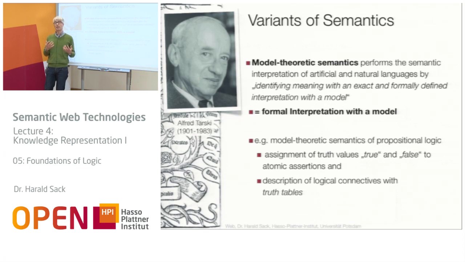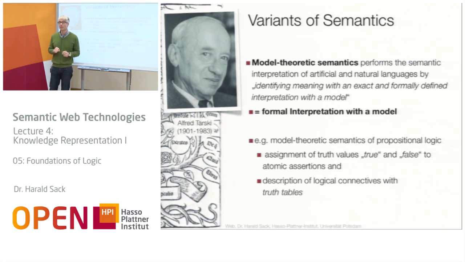We try to define a model as a formal interpretation of the language. So, for example, for propositional logic, the model theoretic semantics is the assignment of truth values, true or false, to atomic assertions, and the description of logical connectives with the help of truth tables. So, therefore, we make a model for propositional logic.